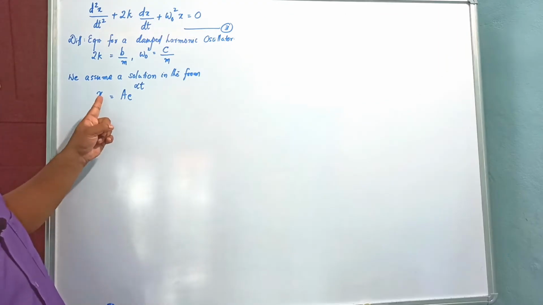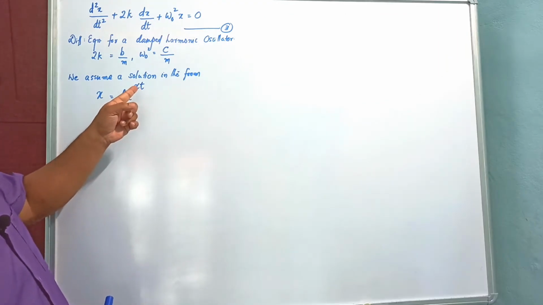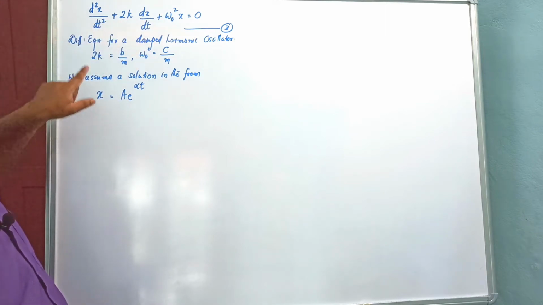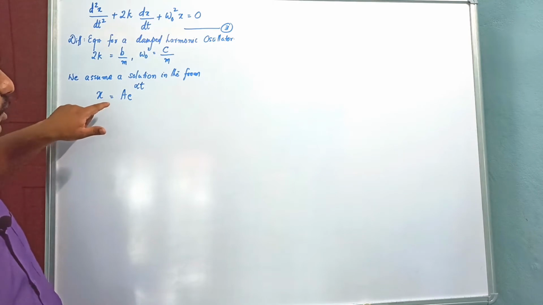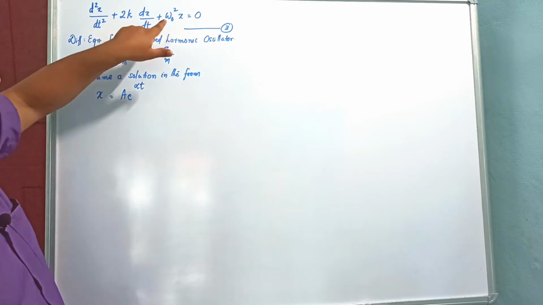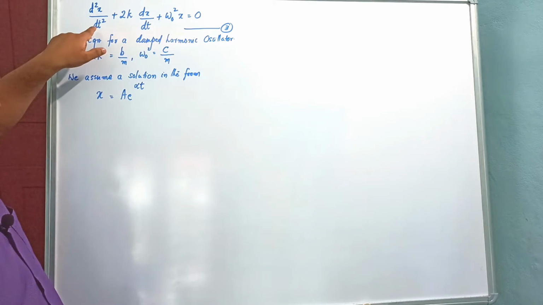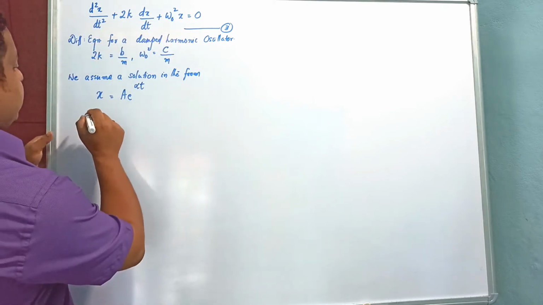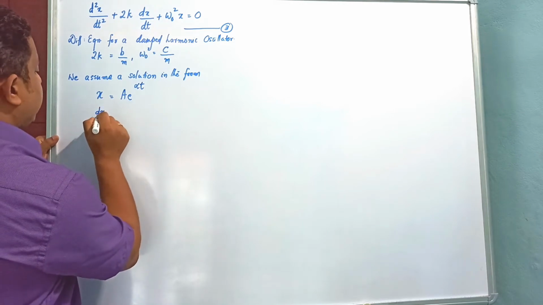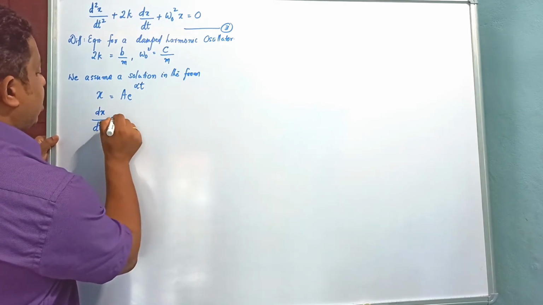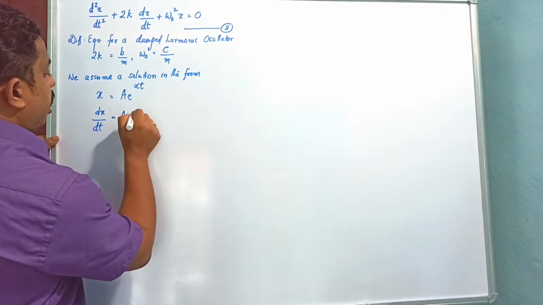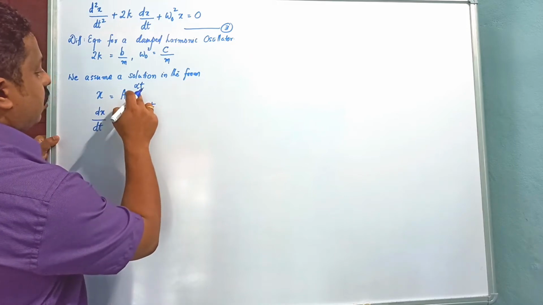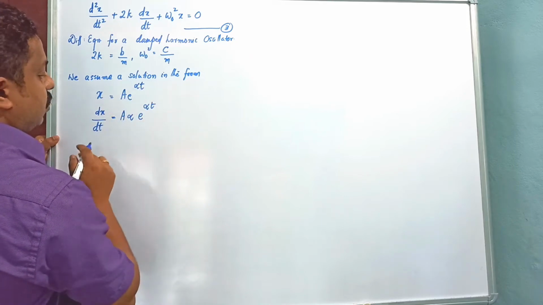Okay, if x is equal to a e raised to alpha t is a solution of this differential equation, then the differential equation should satisfy the solution. That is, we substitute for x, dx by dt and d square x by dt square. So here we need to find dx by dt. Dx by dt equal to a alpha e raised to alpha t.